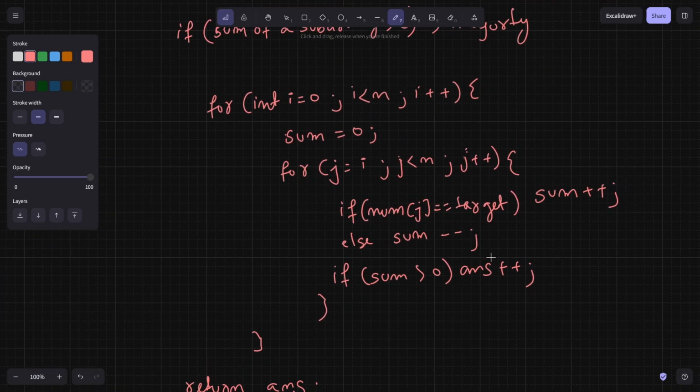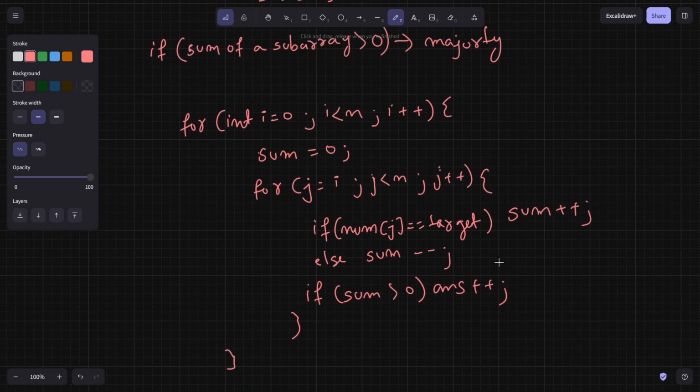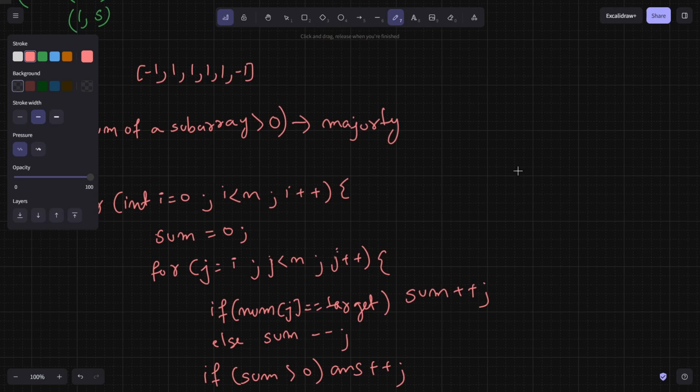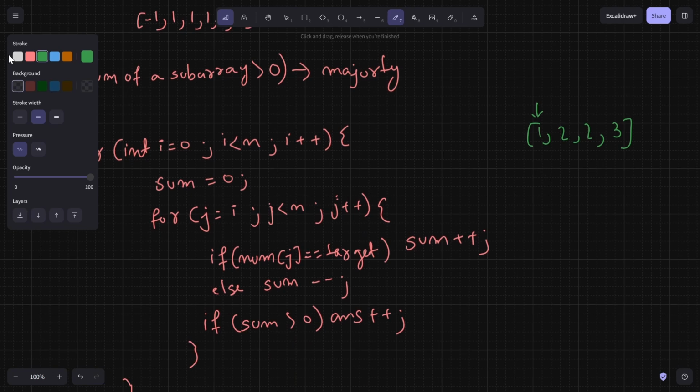So let's do a dry run with another example, something like 1, 2, 2 and 3. Let's consider i is here and j is somewhere around here, and the majority target is 2.